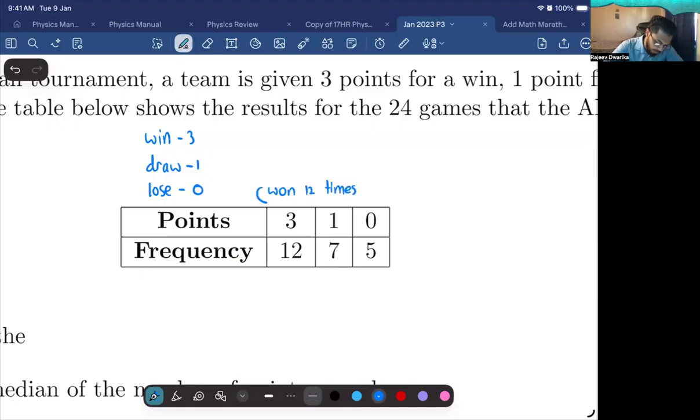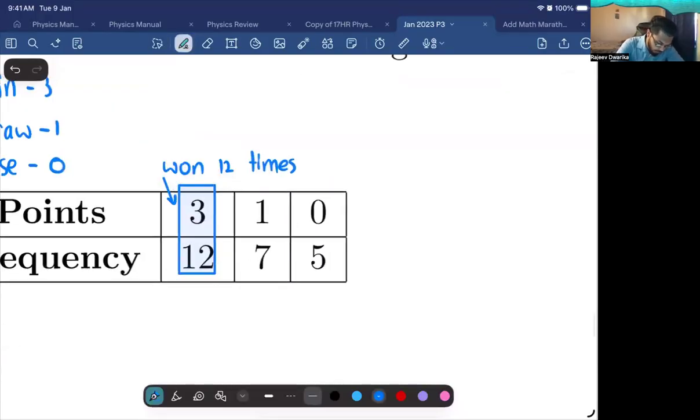And if you don't understand where I get any of this from, just tell me, and I will go over it. How many times did they draw? 7, sir. And how many times did they lose? 5.